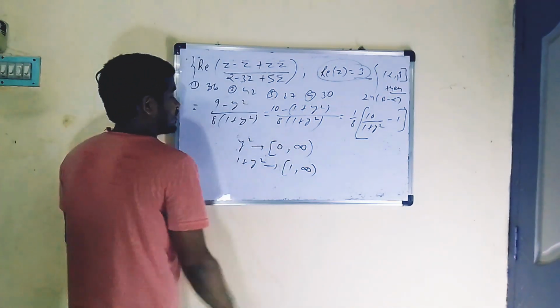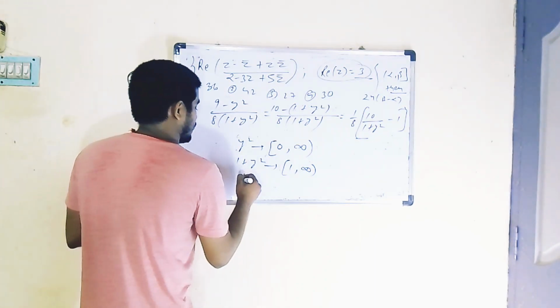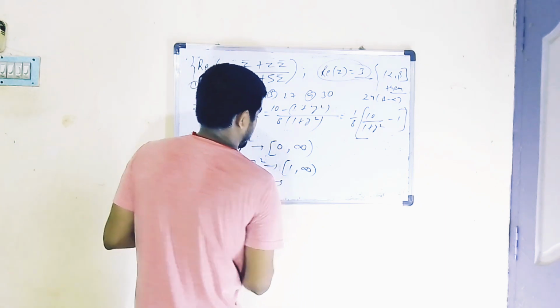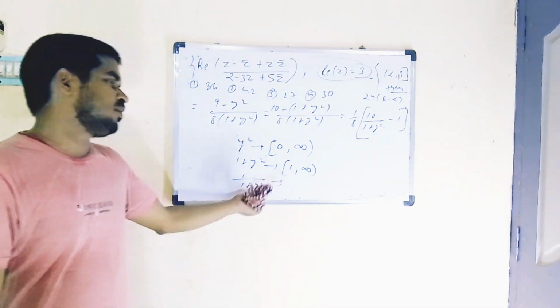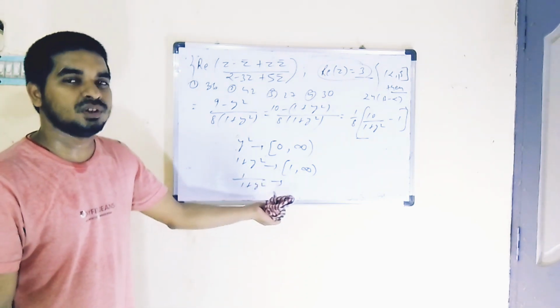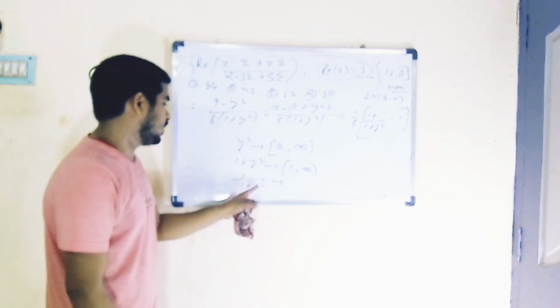So if I ask you 1 divided by 1 plus y square, what can be the value of this? Simply y whole square, the minimum is 0.